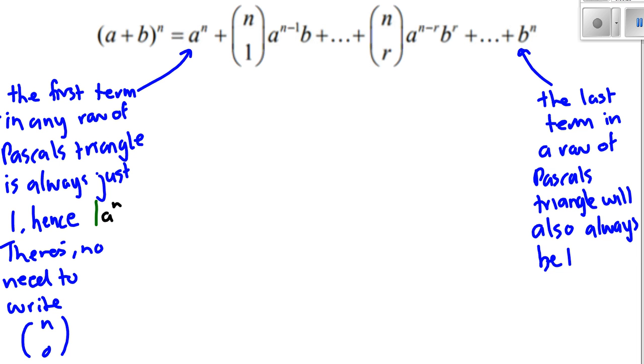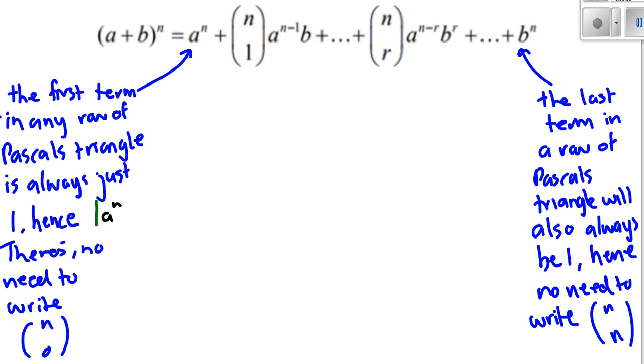Hence, no need to write n n, because that thing's just always going to equal 1. So same reasoning for both of those.